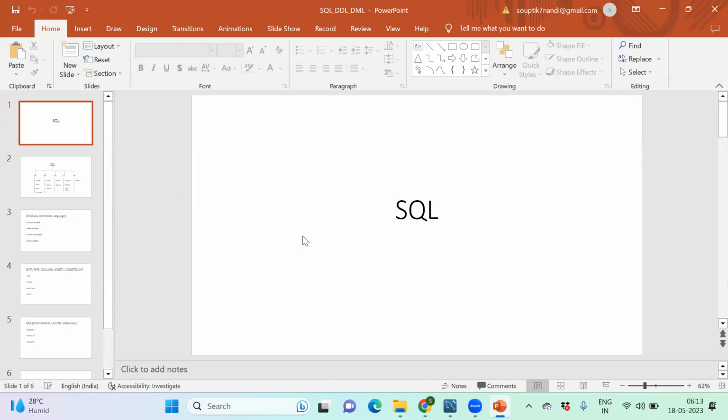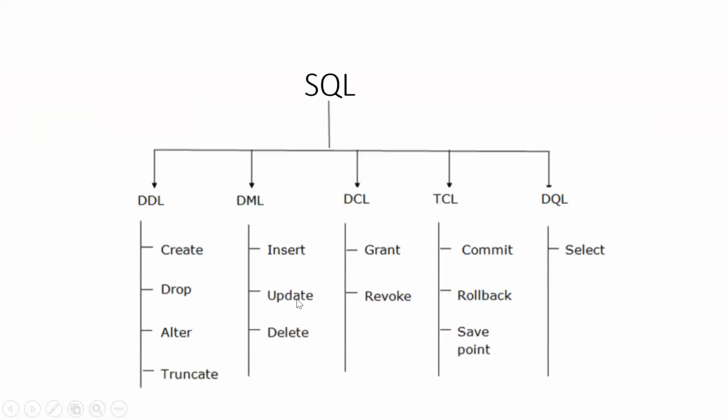Okay, so let me just maximize the screen. Yeah, so structured query language, we can segregate the entire language into five sections, based on what kind of operation we are doing on top of any database objects.